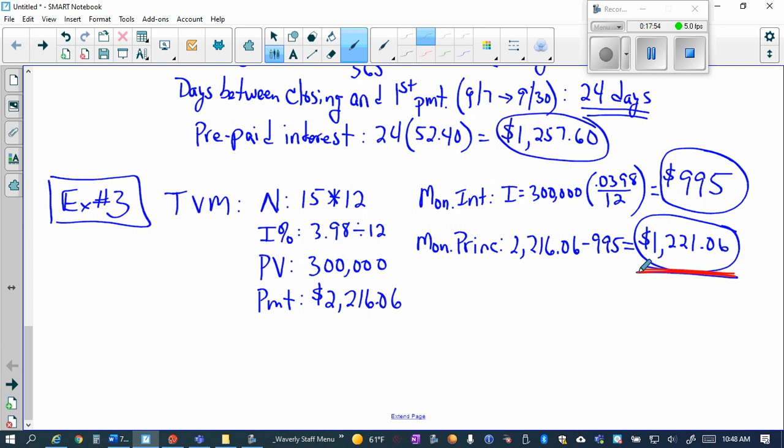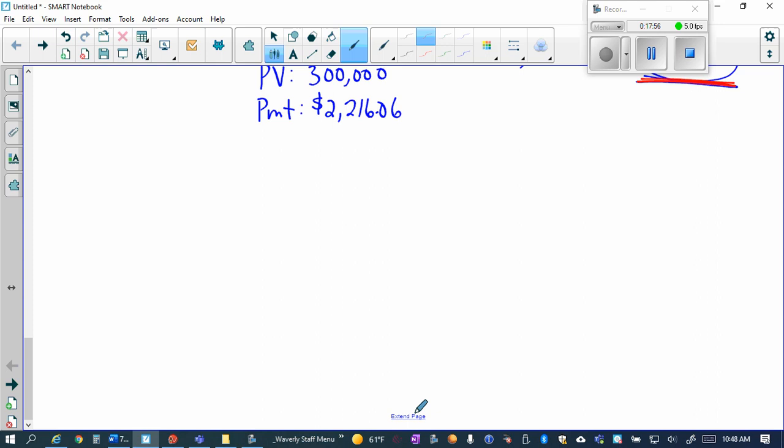The book calls it an amortization table. I usually call it an amortization schedule. Feels more like a schedule to me. And that's what I've always called it, right? So an amortization schedule is defined as this. Okay?